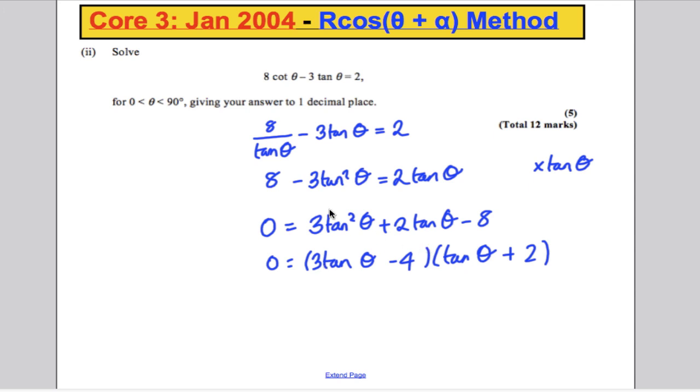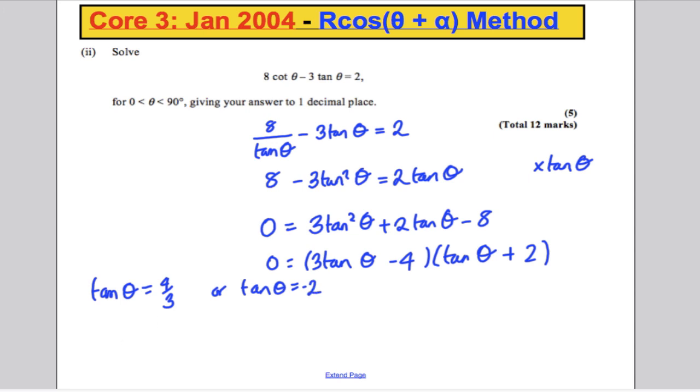That would give us the 3 tan squared plus 6 tan subtract 4 tan is 2 tan, and then subtract 8. Therefore, on the one hand, we would have tan theta is 4/3, or we would have tan theta is -2.